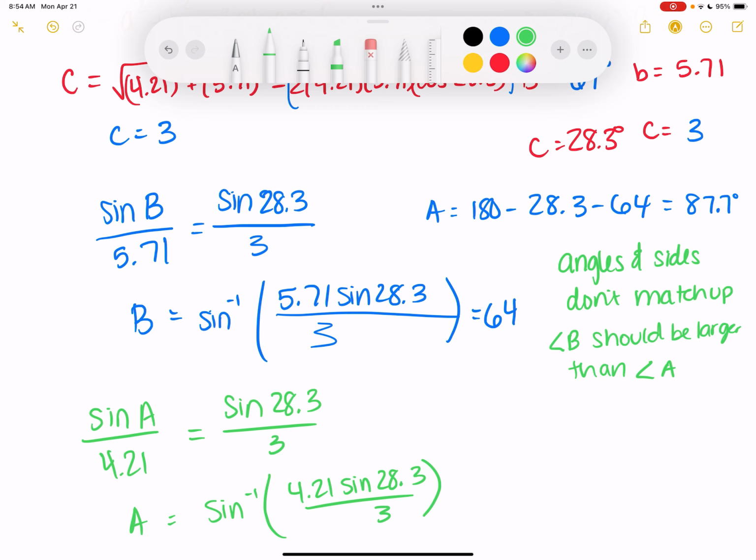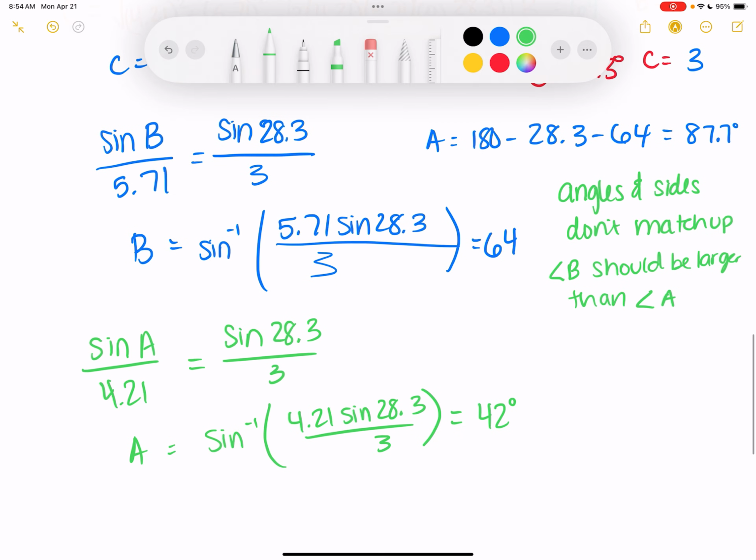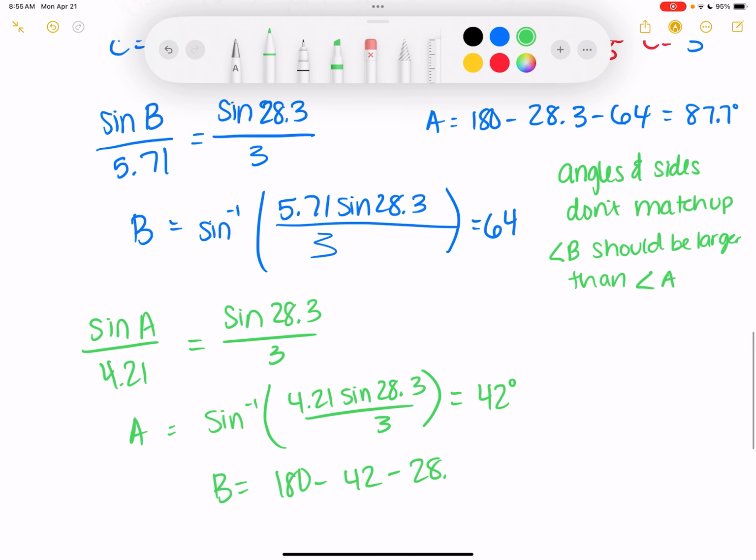I get that angle A is 42 degrees. Pretty drastic difference, right? So if I do that, then angle B would be 180 minus 42 minus 28.3, and I would get that angle B is 109.7 degrees.